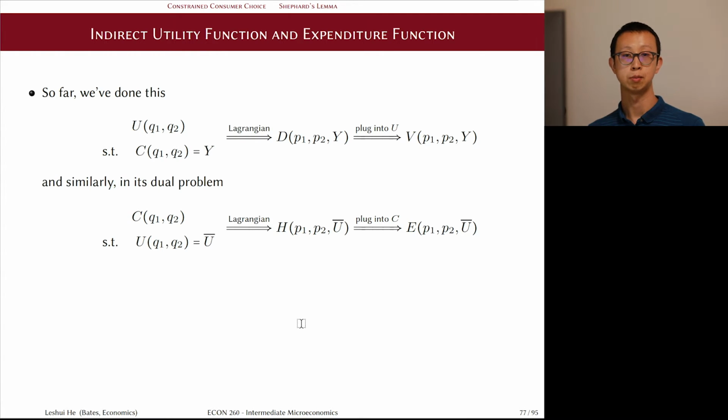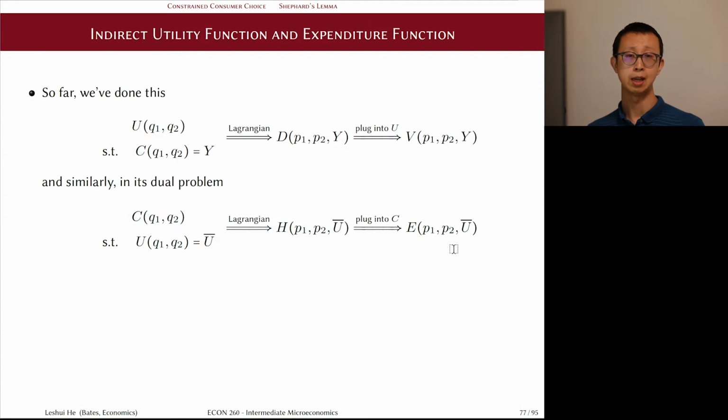The utility maximization problem derives Marshallian demands, which are functions of prices and y. The expenditure minimization problem derives the Hicksian demands, which are functions of prices and u bar. We then plug these demands back into the objective functions to find the resulting level of maximized utility described by the indirect utility function v, or the level of minimum expenditure needed, which is described by the expenditure function e.